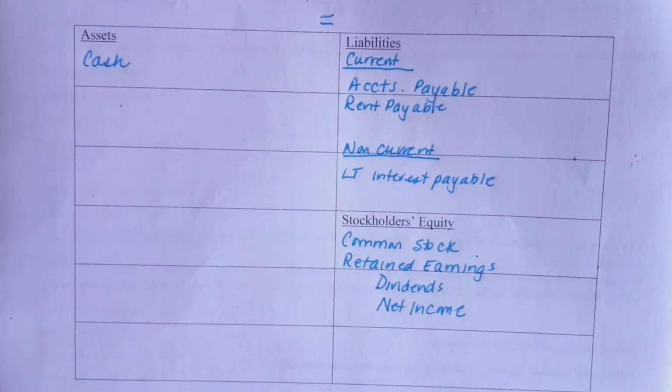So then anything else that's left is going to be operating activities. So any of our current liabilities are going to be operating activities. Any current assets we have over here, like accounts receivable, inventory, these are going to be operating activities.